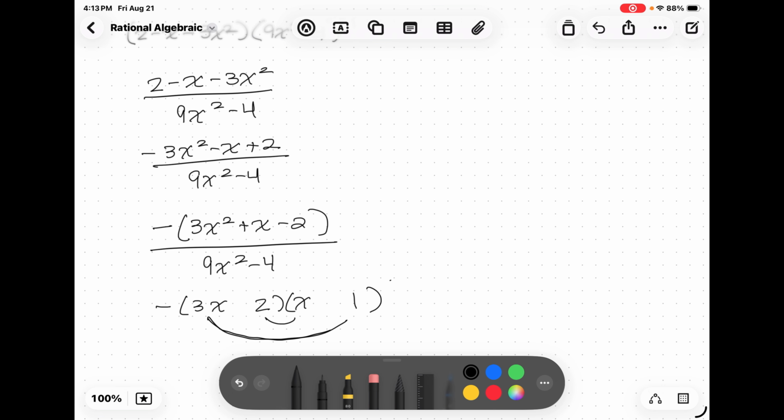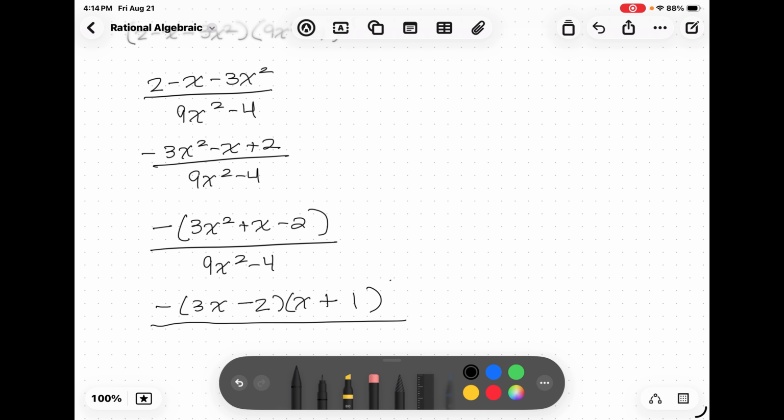So if I've got 3 on the outside and I've got 2 on the inside, what do I need? I need the outside to be positive, right? So that would be positive 3 minus 2. And that gets me the 1 that I need. So I've got 3x minus 2x is 1x, which is what I needed. All right, that's the numerator.